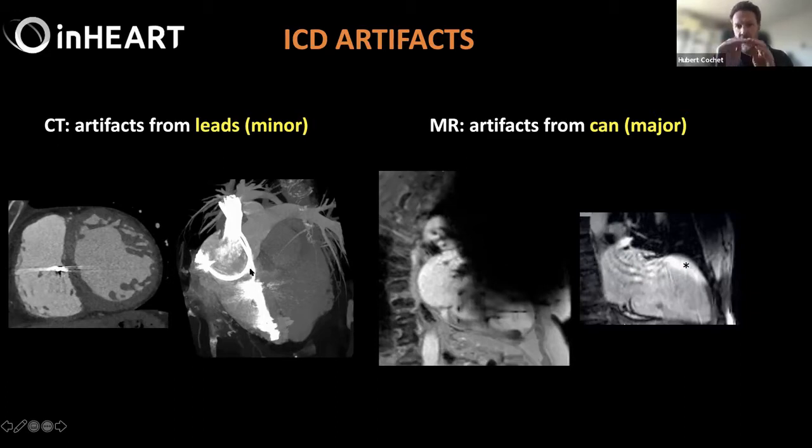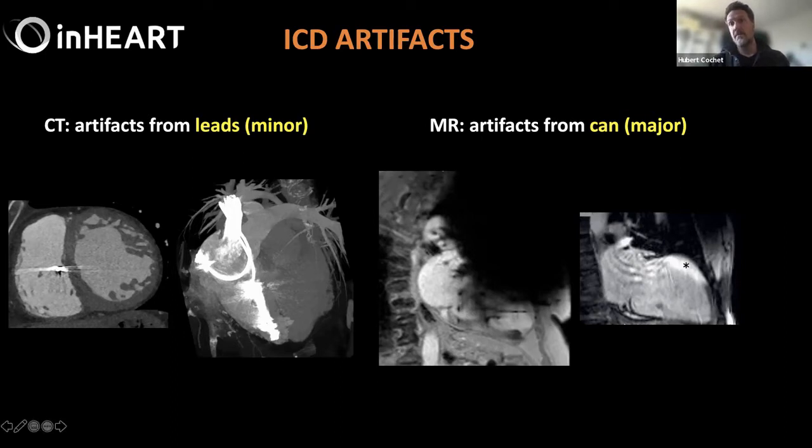But this is only at the level of the lead. So it's a minimal artifact. You see it's only impairing this characterization, but immediately above, it's okay, and below, it's okay. So this is not major. It can be limited using techniques like iterative reconstruction to address these metal artifacts, but it's not a major issue.